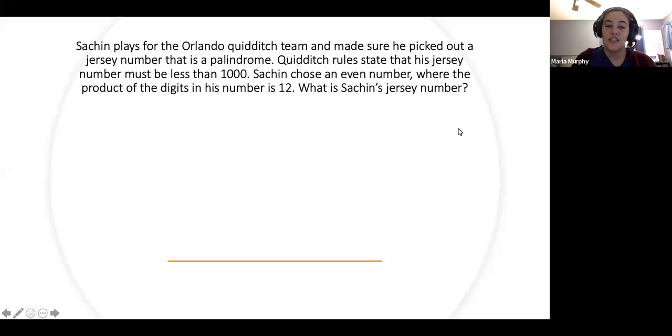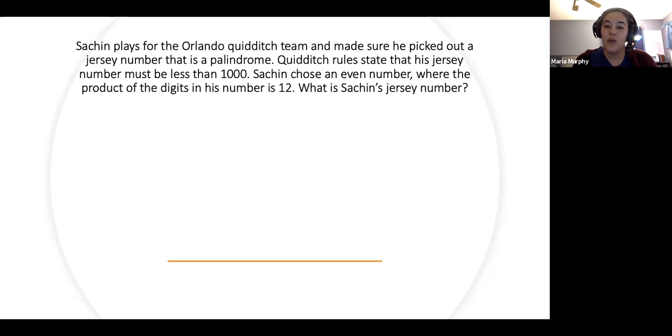We know that Sachin plays for the Orlando Quidditch team, and he made sure he picked out a jersey number that was a palindrome, right? A palindrome just means that it's the same forwards as it is backwards. Quidditch rules state that his jersey number has to be less than 1,000, and he needs to choose an even number where the product of those digits is 12.